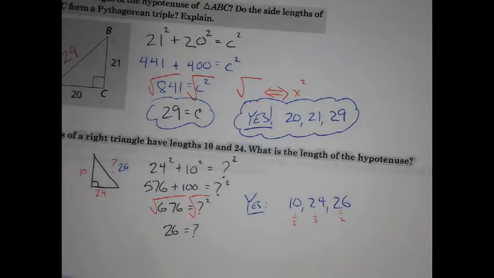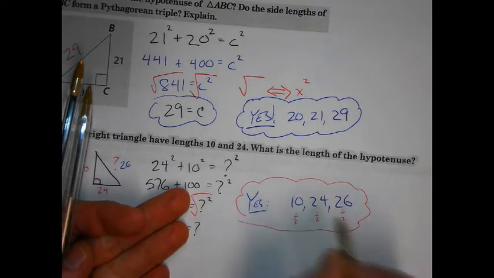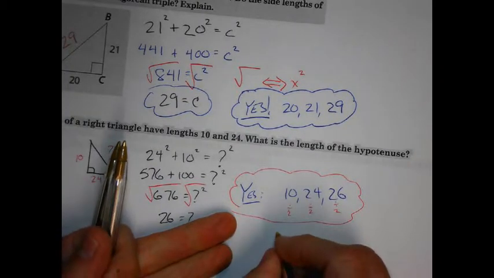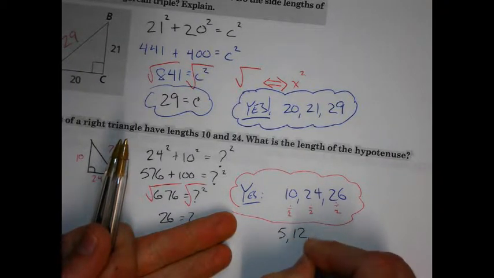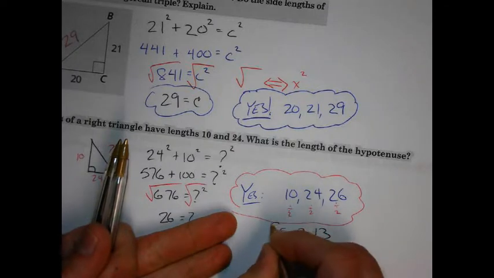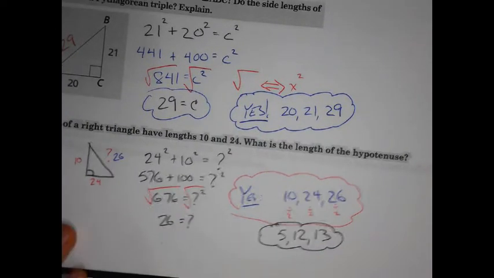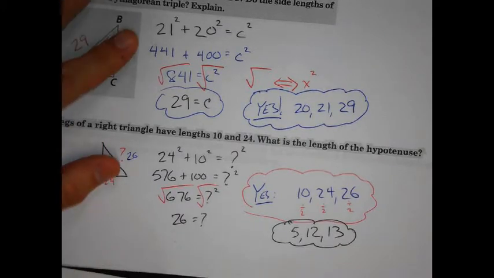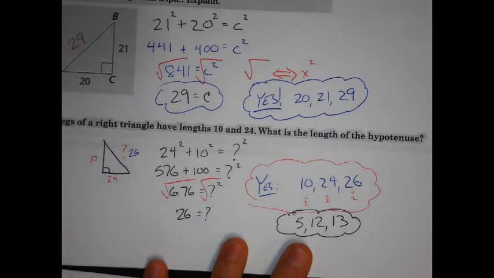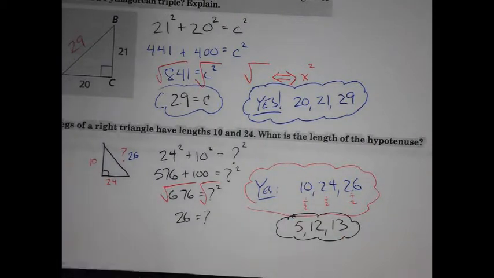So not only is this a Pythagorean triple, a more apt Pythagorean triple is the old, and this isn't old, 5, 12, 13. That is a Pythagorean triple. Remember similarity, right? Scale factors and all that stuff. So 5, 12, and 13 with scale factors of 2 become 10, 24, 26. The old Pythagorean triple.